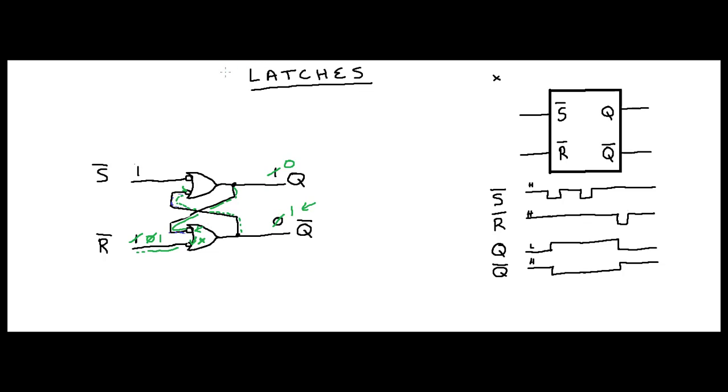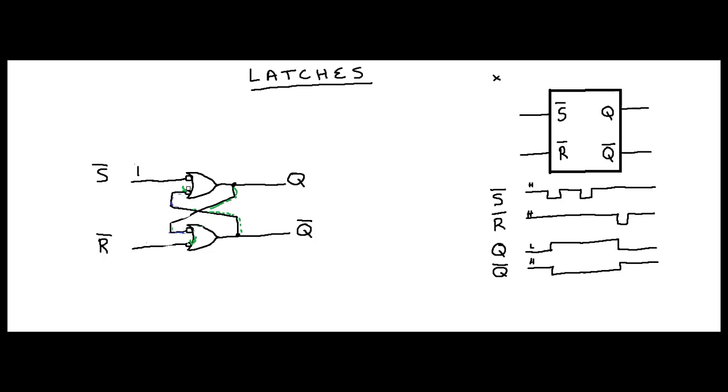Now finally, let me clean this up a little bit for you. What's going to happen with both inputs active at the same time? Just getting rid of some of these green marks here.